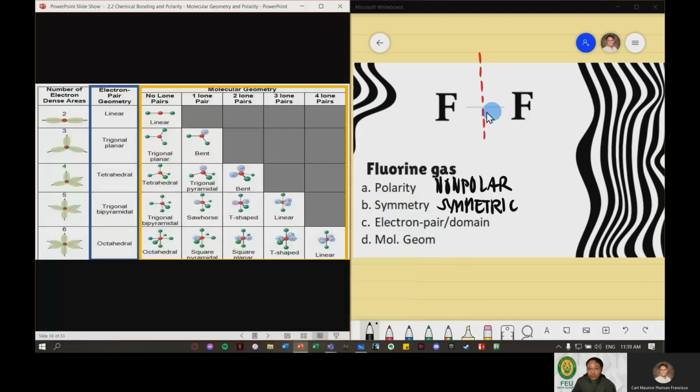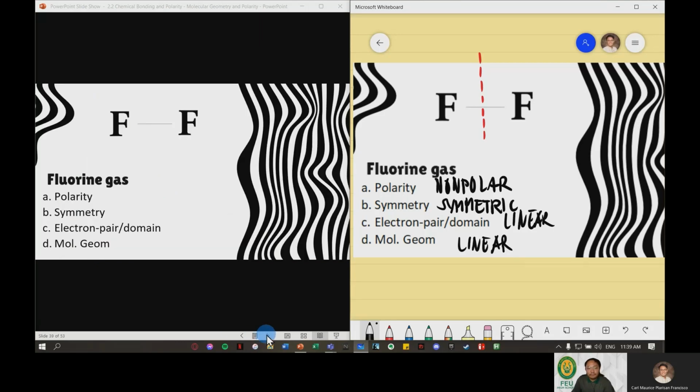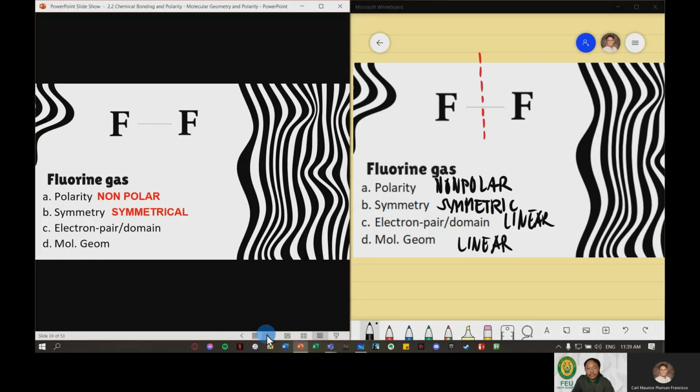Because look at your fluorine, F2 gas or fluorine gas electron structure. It doesn't have any lone pair, no lone pair. And E-pair linear is also the most appropriate shape. So you would answer here as linear. Linear and then linear. Now checking, I have nonpolar, symmetric, linear, and then linear.